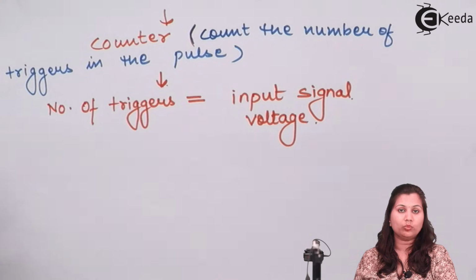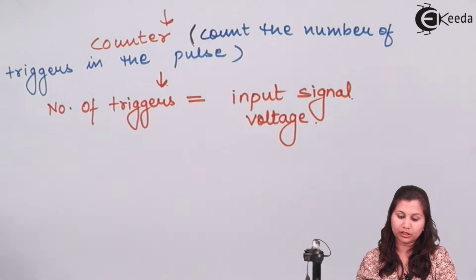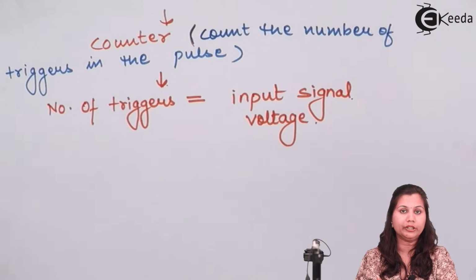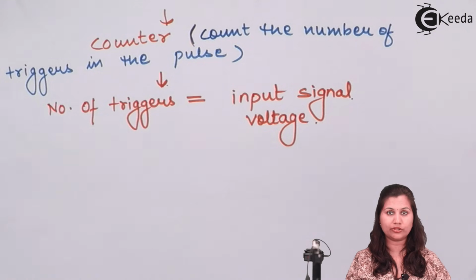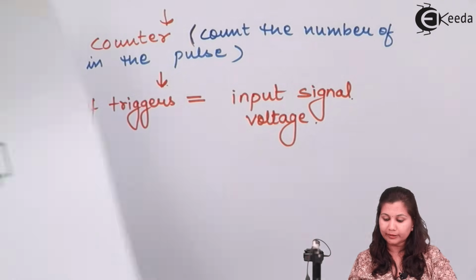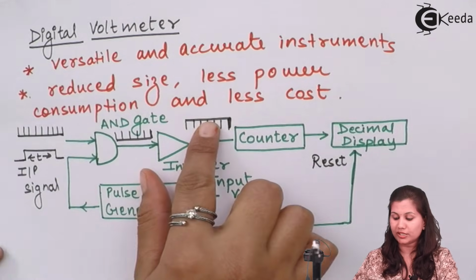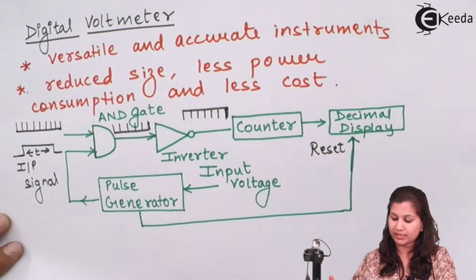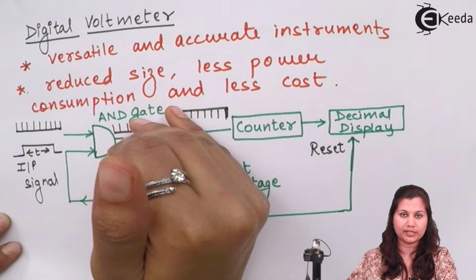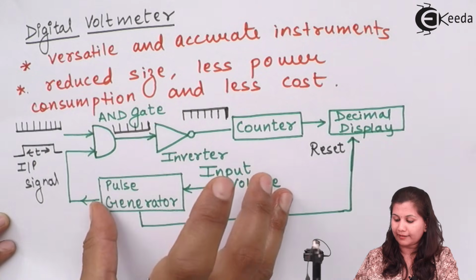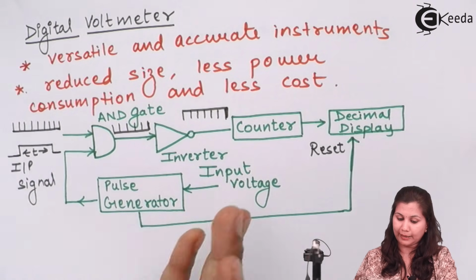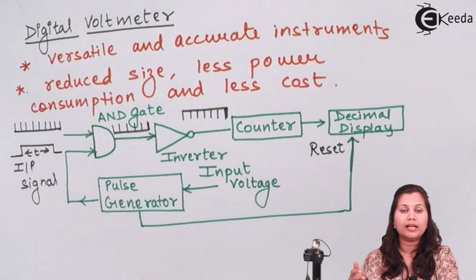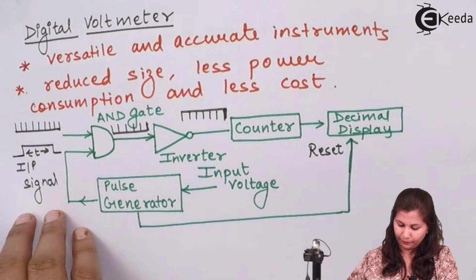You can see that the working of the digital voltmeter is nothing but the conversion of an analog signal into a digital signal. The analog signal was the input signal voltage, and that input signal is converted into a digital signal. So this complete block diagram of the digital voltmeter can be replaced by an A to D converter.